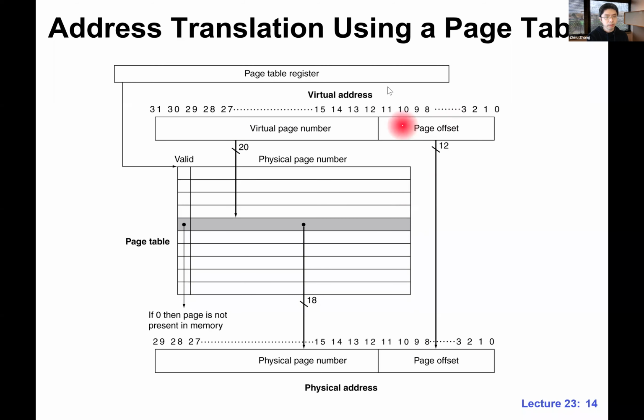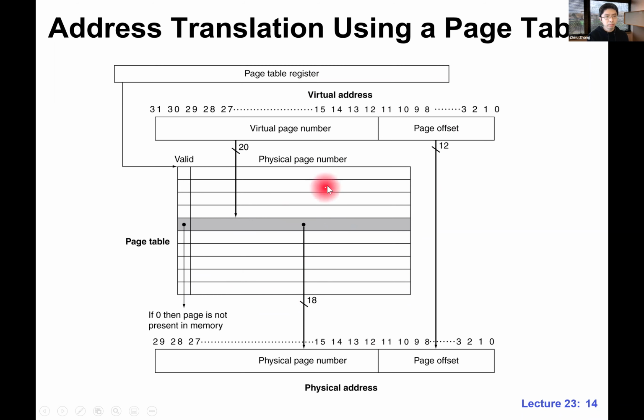Again, we want to translate. Ignore the top part first, the page table register. You don't need to worry about this right now. We want to translate the virtual address into a physical address. Like I mentioned, we need some kind of table of contents, and that can be just a lookup table, or dictionary, or some kind of yellow book.